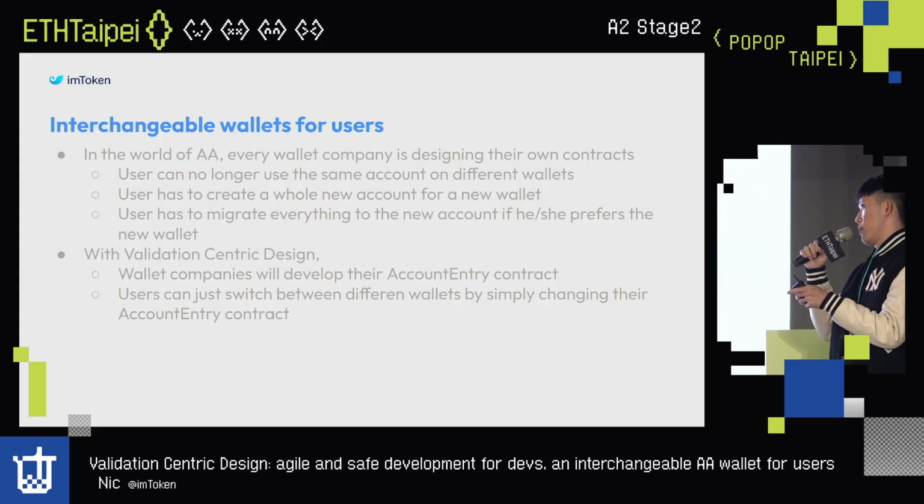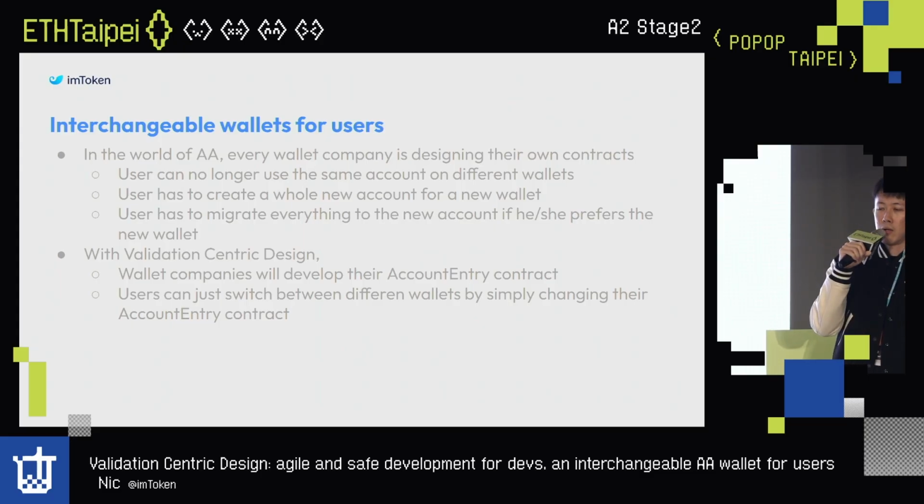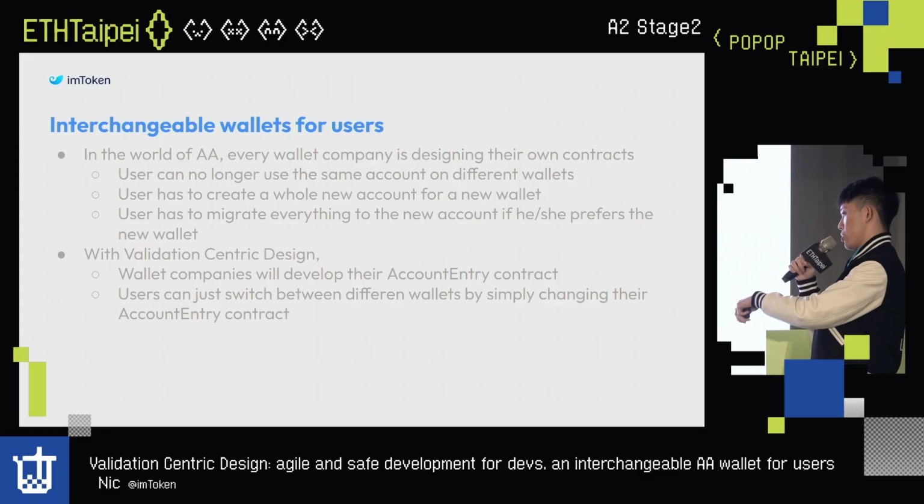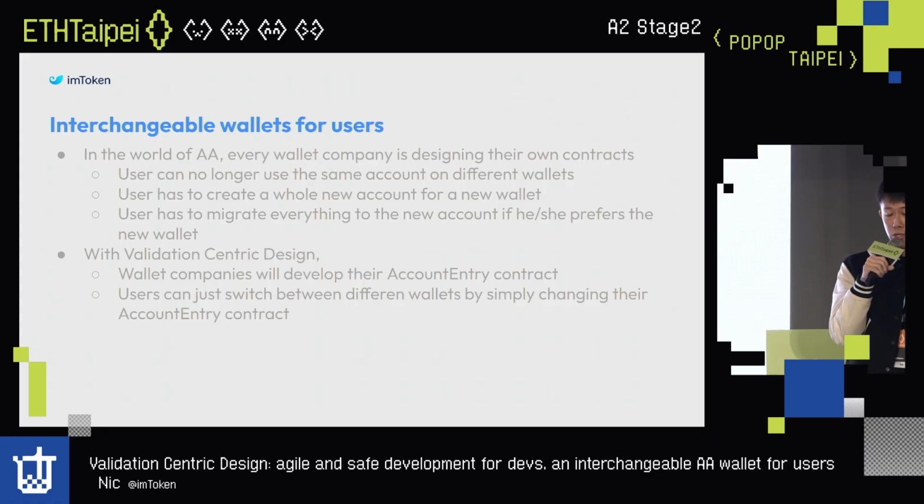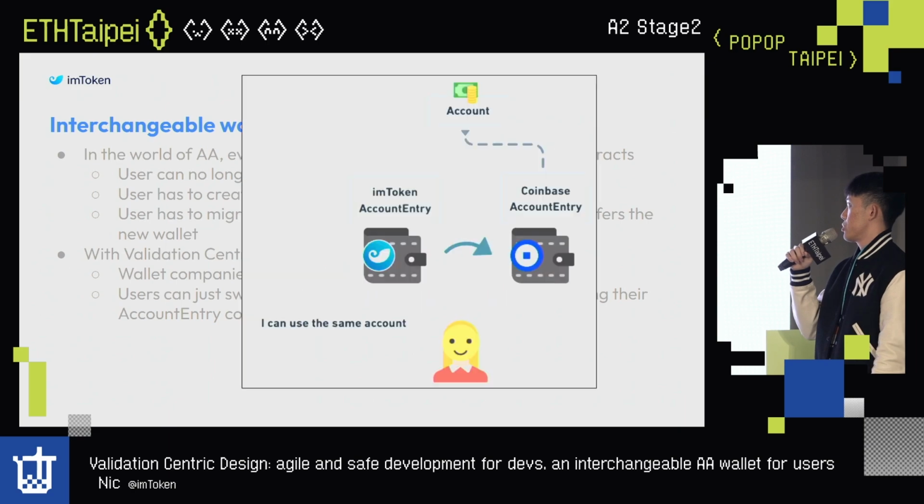You can start with imToken by pointing to the imToken account entry contract, and later if you find the Coinbase wallet better, you can simply switch to the Coinbase account entry contract. And maybe one day you find that you still prefer imToken, and you can just switch back. So this is what I mean by interchangeable wallets.